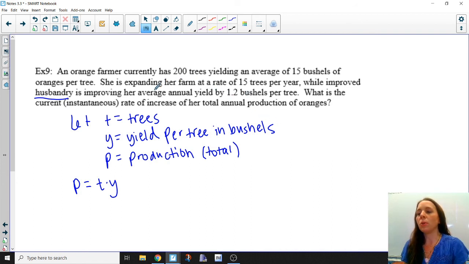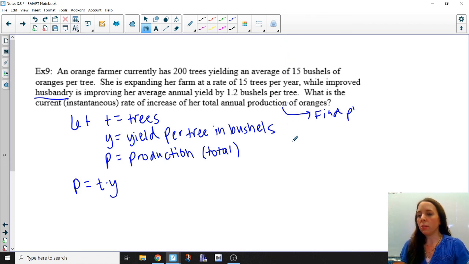We're asked for a rate of increase in the production, which means what we are actually trying to calculate is a P prime value. Okay, rate of production is not P, it is P prime. A derivative can represent a rate of change.